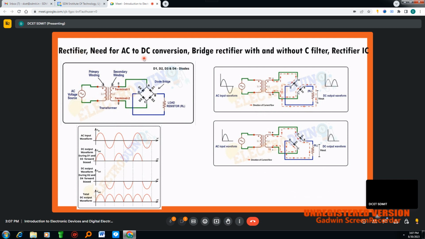Then what is the need of AC to DC? In all your electronic appliances there is an integrated circuit, or IC.